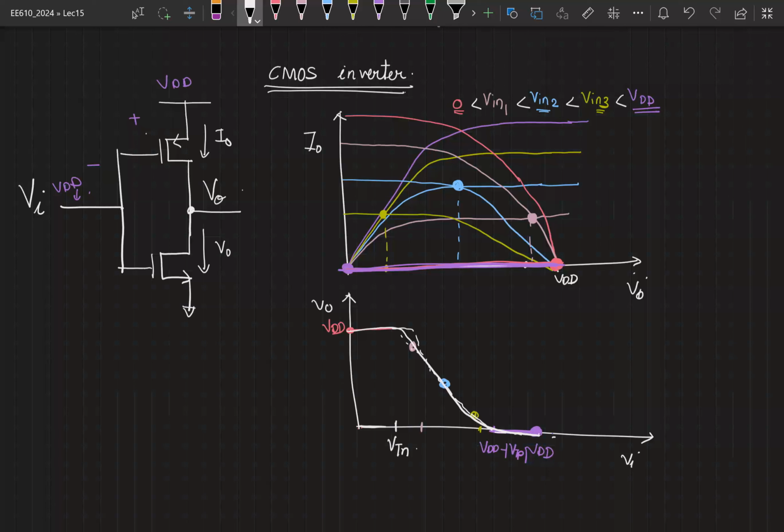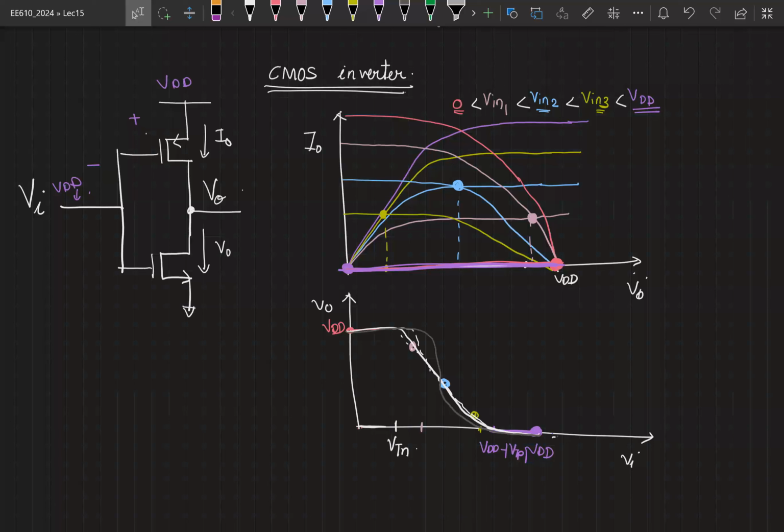And if the curves were exactly flat here, instead of having a slope, that means if the channel length modulation was negligible, how do you think what will happen to the curve? It will become sharper and sharper. So instead of it going like this, it will become more sharper.